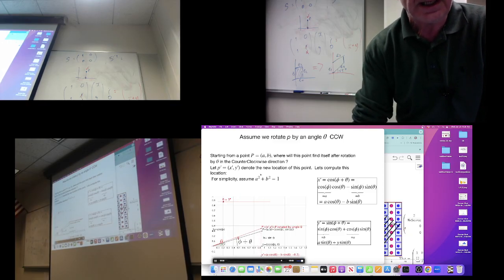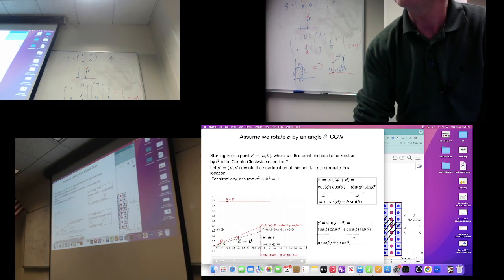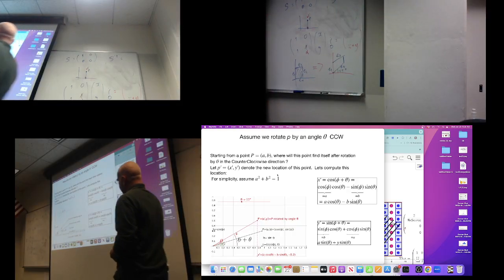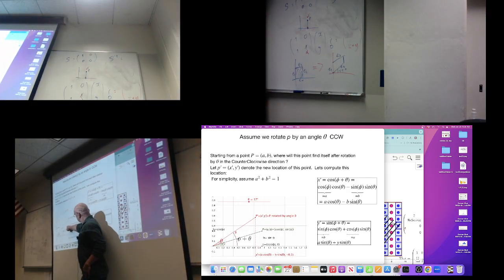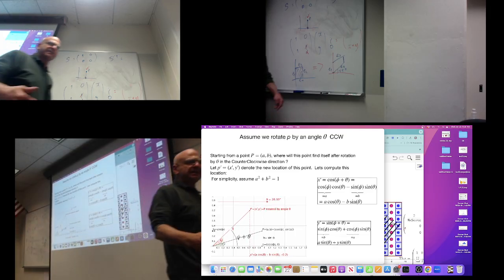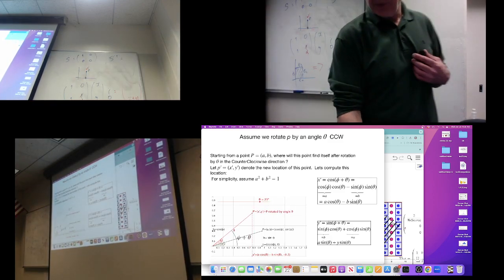And in this case, I assume that this point P satisfies a squared plus b squared equals 1. Pythagoras will tell you that it means that x squared plus y squared equals 1, meaning it's distance 1 away from the origin.